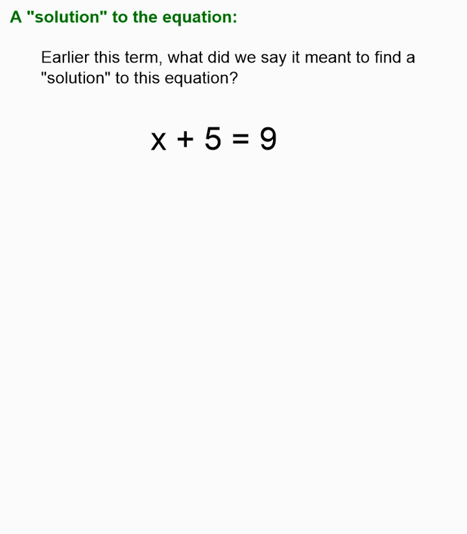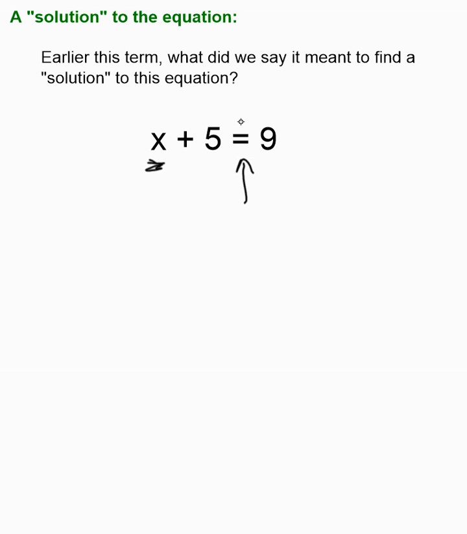So earlier, when we talked about simpler equations, when we talked about finding the solution to this equation, remember that what we meant by that at that time was what value of x could we put in there to make this true, because remember that equal sign is a statement of fact.